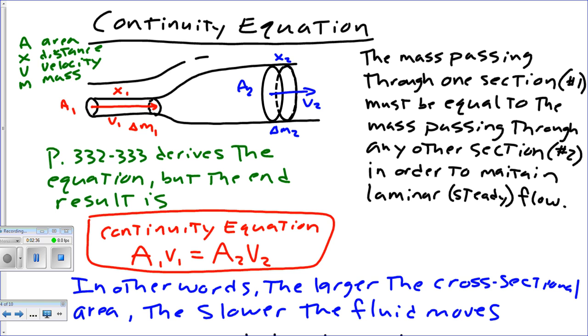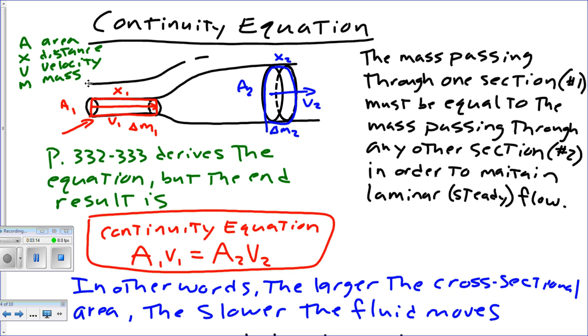The mass passing through one section, the first section right here, must be equal to the mass of the fluid passing through another section anywhere in the pipe in order to maintain a laminar or steady flow. You could think about this as conservation of mass. The amount of mass in this first section has to equal the amount of mass moving through the second section.